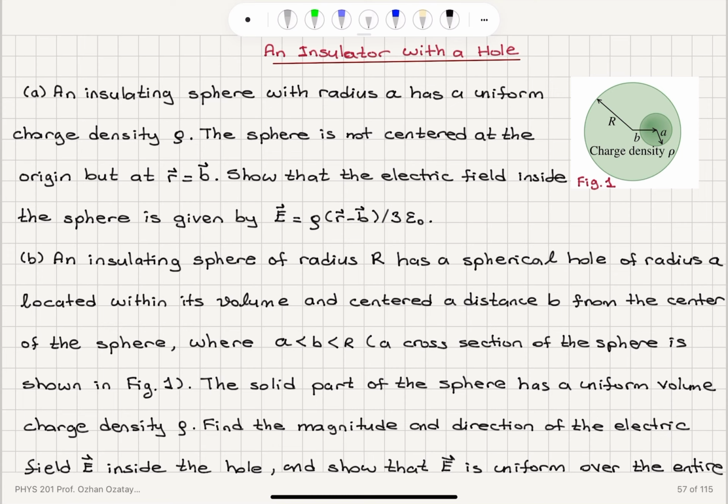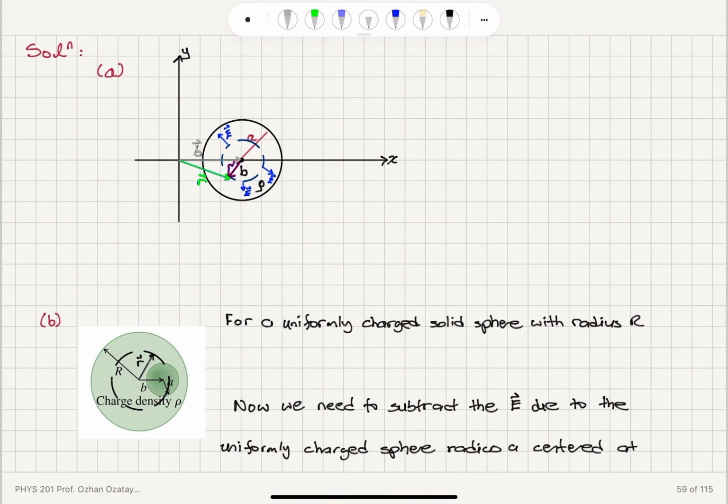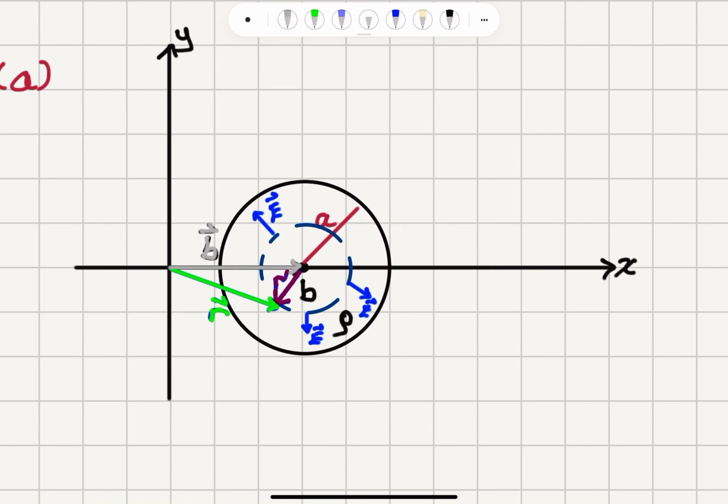So we note that we have a uniform volume charge density ρ for a sphere, and the sphere is centered at r equals b. Okay, so let's look at the sphere. Here are the x, y, and z axes, with z coming out.